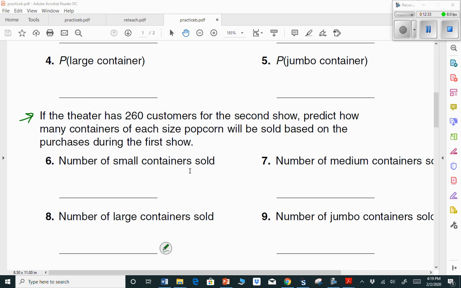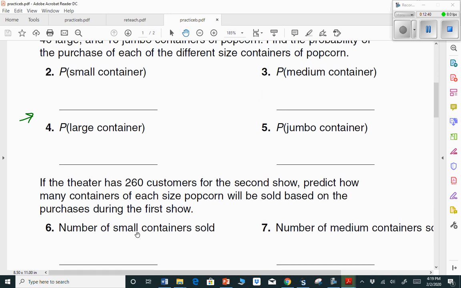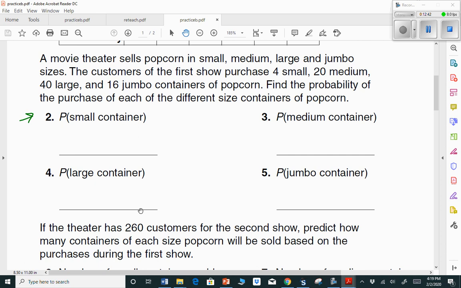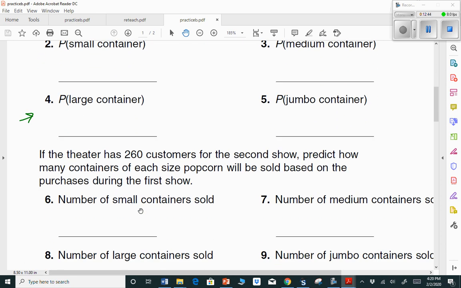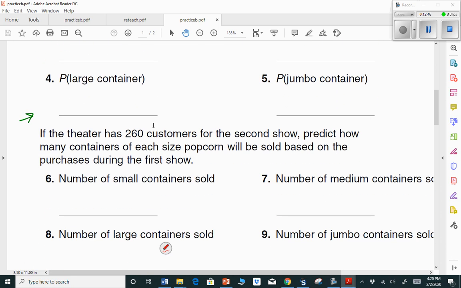Whoops, I should have kept my answers. So the number of small containers sold, small was 4 out of 80, which was 1/20th. But this time, not 80 people, but 260.